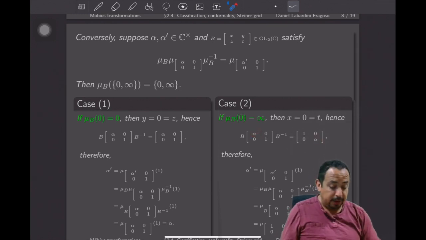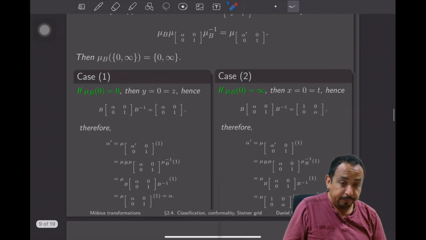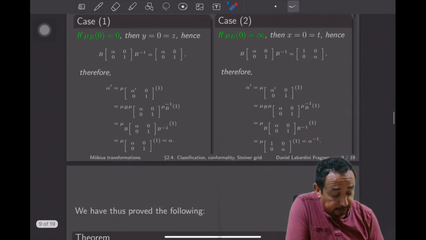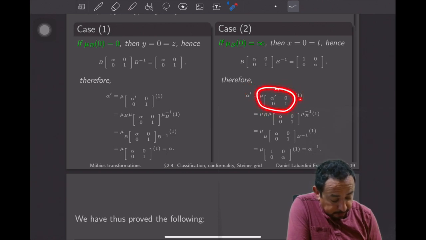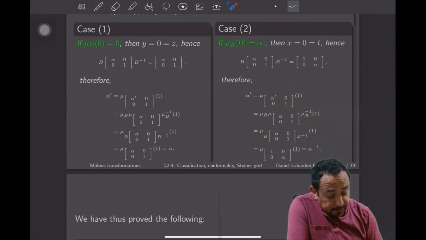And then I play the same game as before, namely, alpha prime can be recovered by evaluating this Möbius transformation at 1. This Möbius transformation is equal to this conjugation by hypothesis. But computing this composition of Möbius transformations is equal to the Möbius transformation of the product.